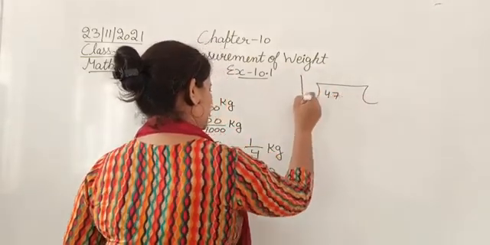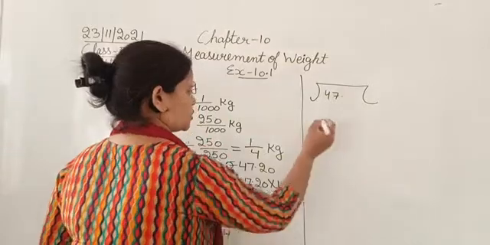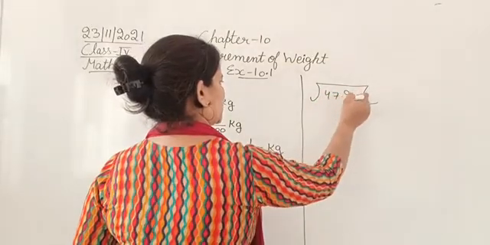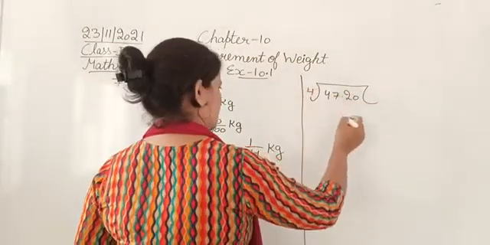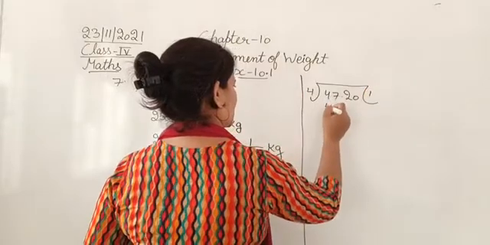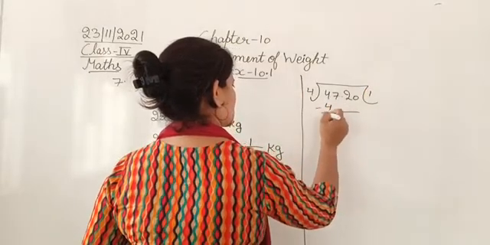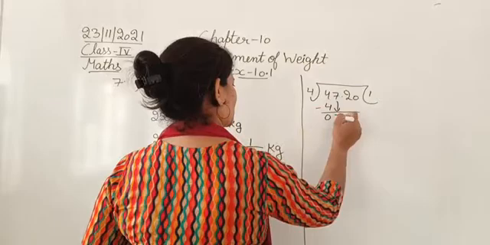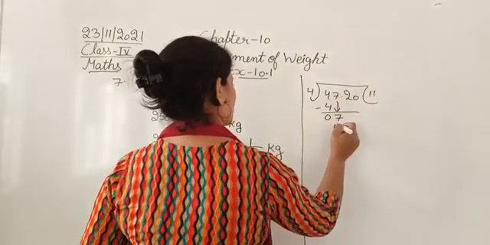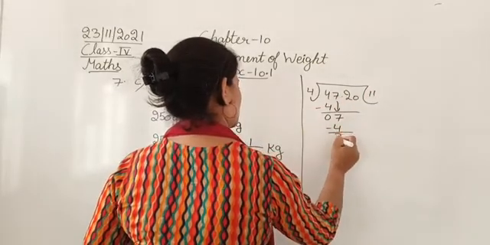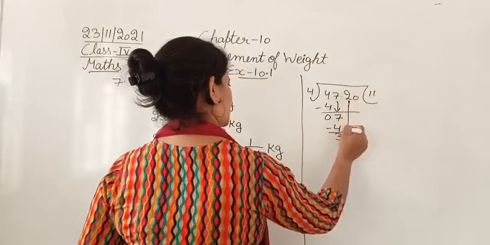Okay, you have to do it below only. Divided by 4. 4 ones are 4. 0. Bring down 7. 4 ones are 4. This is 3. Bring down 2.